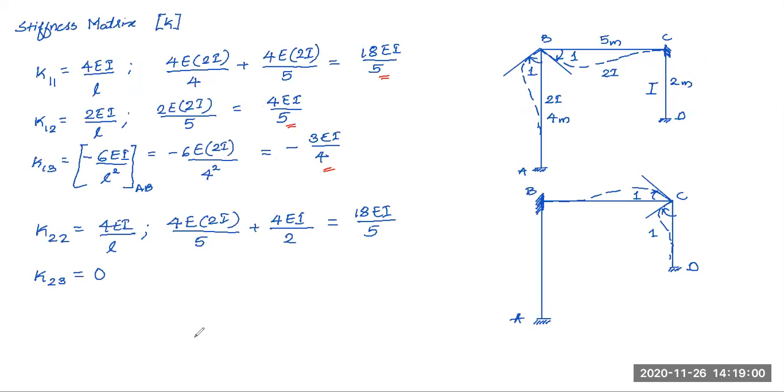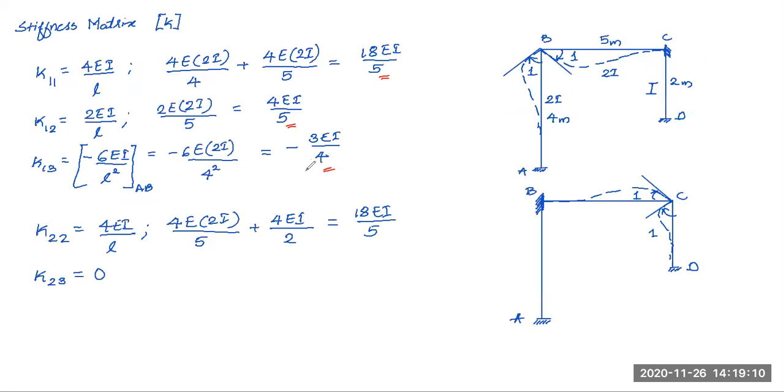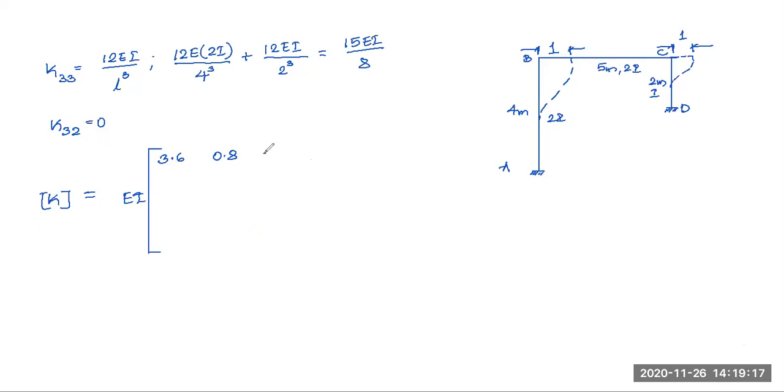What about K13? It is minus 3 by 4. So minus 3 by 4 is minus 0.75.